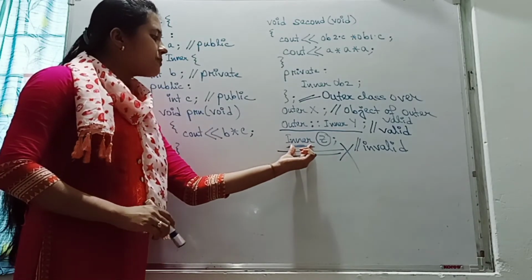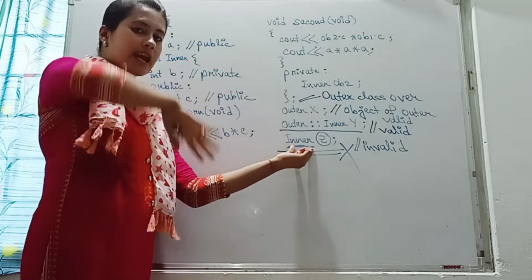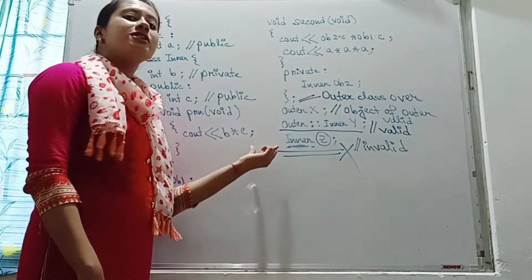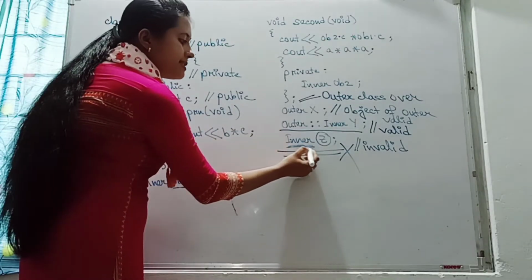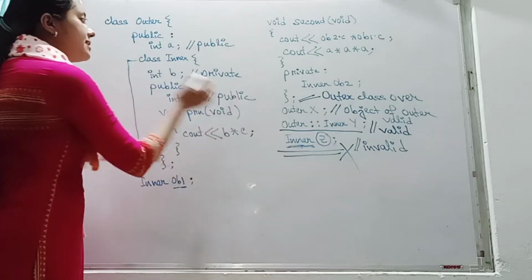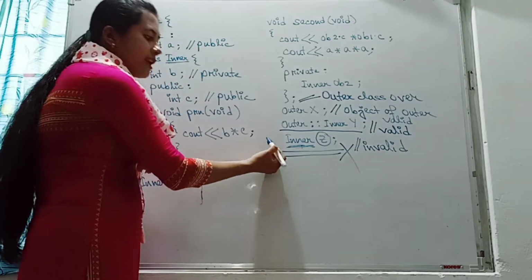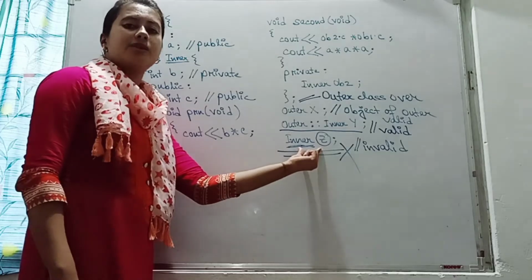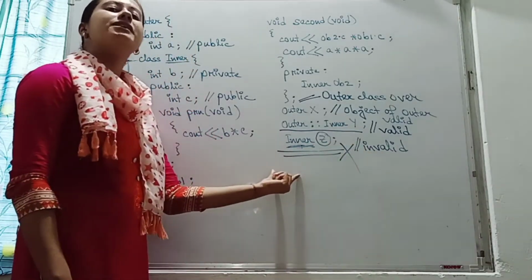So there must be an enclosing class which is enclosing the inner class. That definition must also be provided, that we have learned. Since the compiler has seen that inner is a nested class and there is no definition of the enclosing class, the compiler will term it as an error. Okay, so this statement will become invalid.